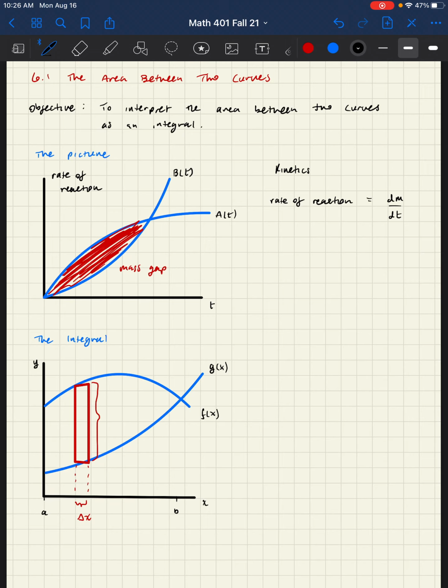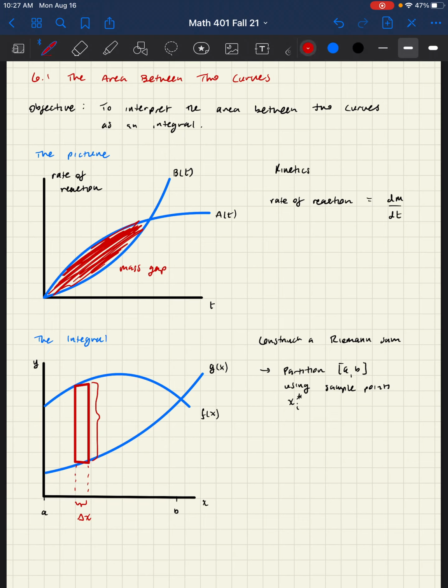This is a review of our standard techniques in chapter 5, where we're going to construct a Riemann sum, where we assume we're going to partition our interval using sample points x sub i star.